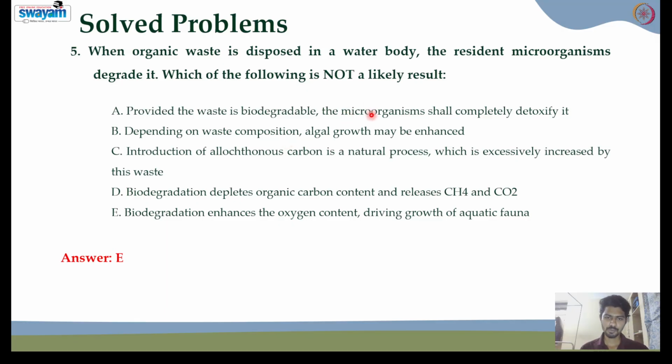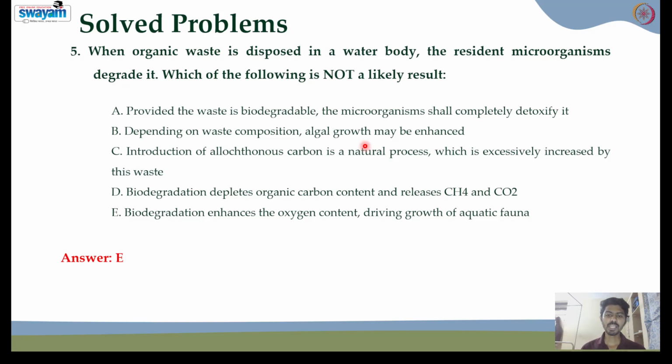So this is a correct option. And option B, depending upon the waste composition, algal growth may be enhanced. Yes, it is true, because the organic waste contains what compounds? Nitrogen and phosphorus too, right? If there is an excessive amount of nitrogen and phosphorus, this causes eutrophication, which promotes algal bloom.